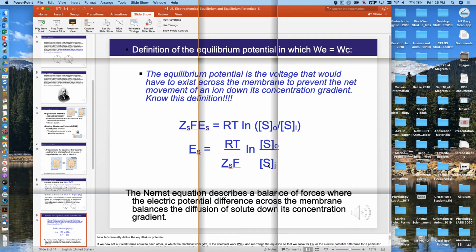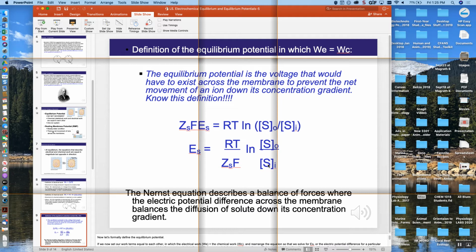And this is the net movement. I better make sure that everyone knows that. Chloride will move out of the cell. Now, just looking at this scenario, is it the electrical work or the chemical work that's greater? Which is greater, the electrical work or the chemical work? It's the electrical work.